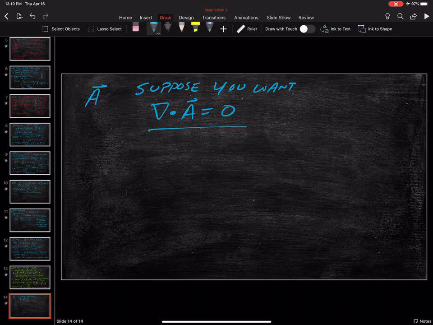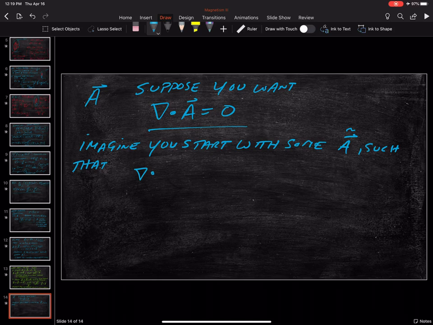Well, here's an idea. Imagine you start with some A twiddle. Okay, so you're starting with some vector. This is the vector potential. This is the one you're beginning with. Such that del dot A twiddle is not equal to 0.